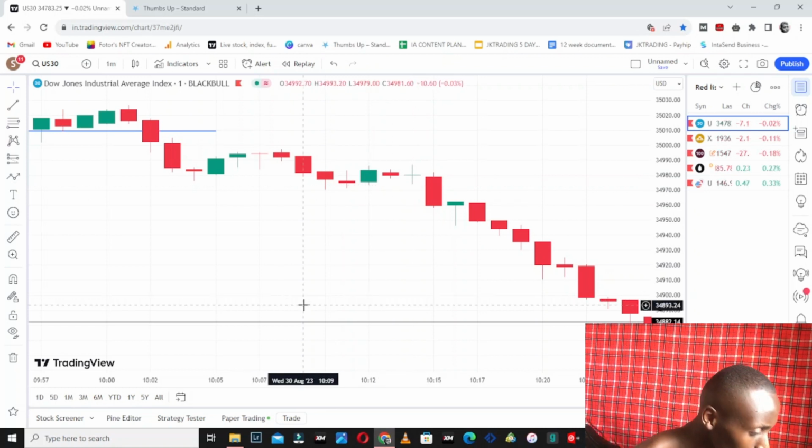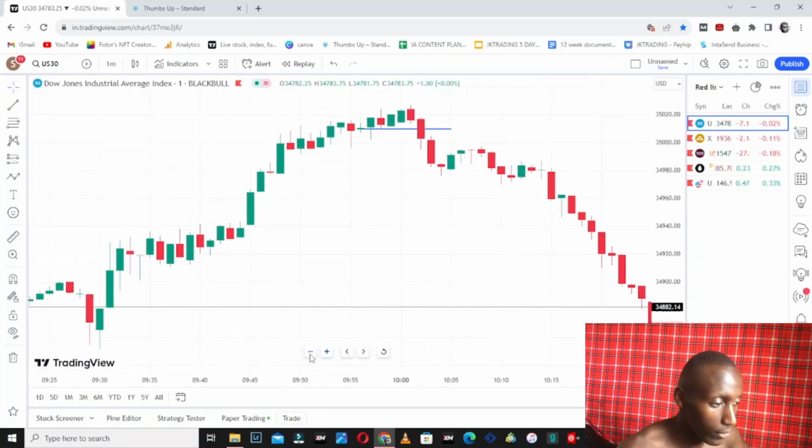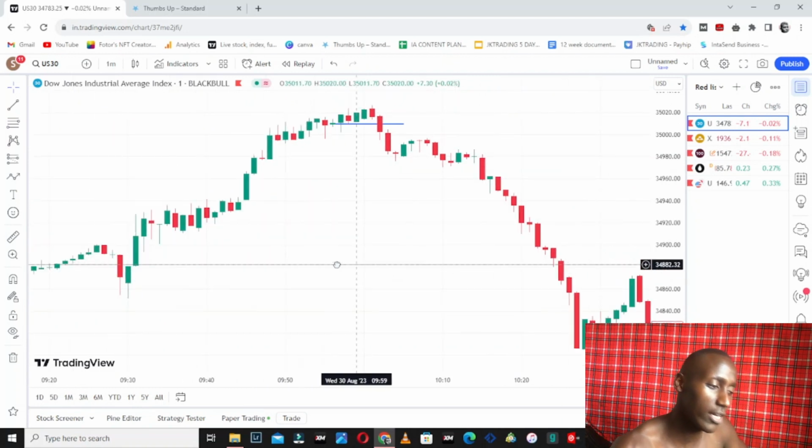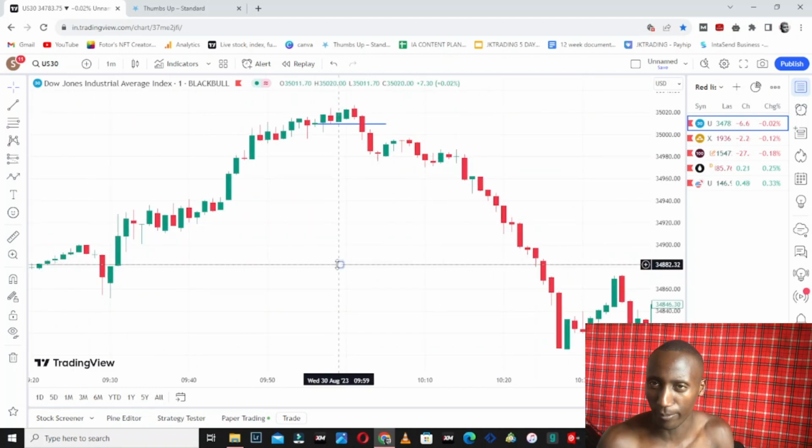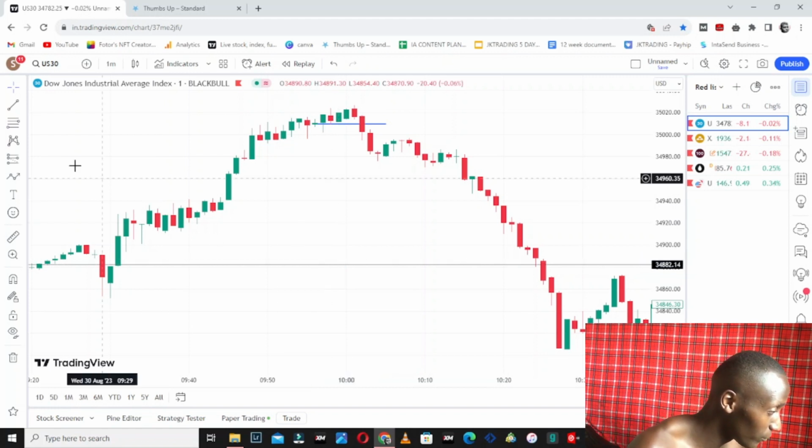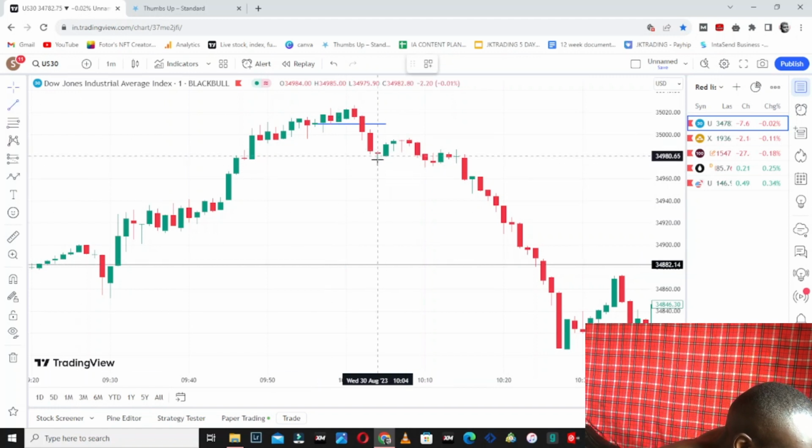Now, when it comes to trading, everyone has their own view of the market, and there are people who take trades based off if the market structure has been engulfed. So this is the market structure.